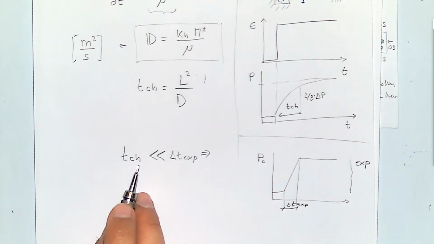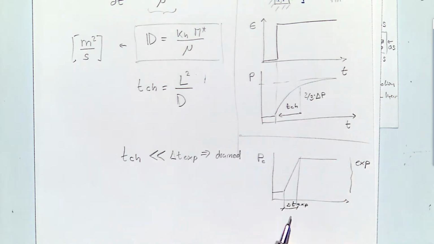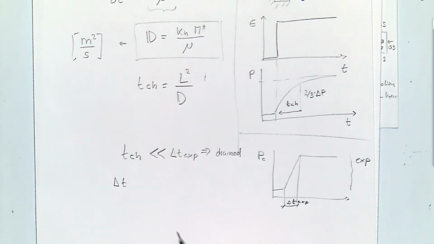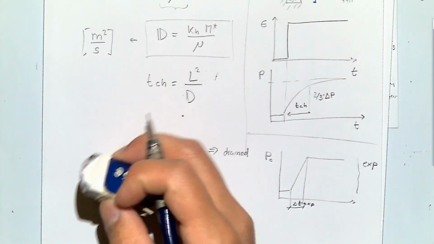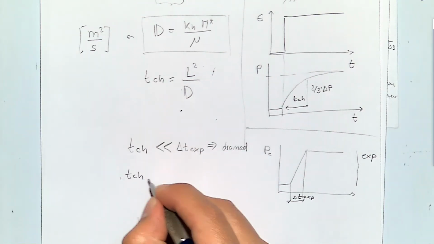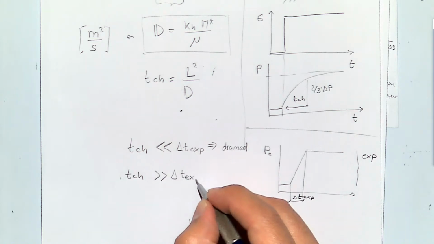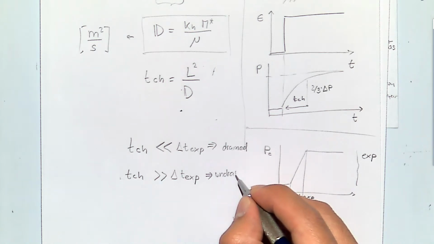If the time is very small, that means that it drains very quickly, and that's smaller than the time in which you apply that load. That means that it's going to be a drained process. If the characteristic time is larger than the time of the experiment, that would mean this is undrained.